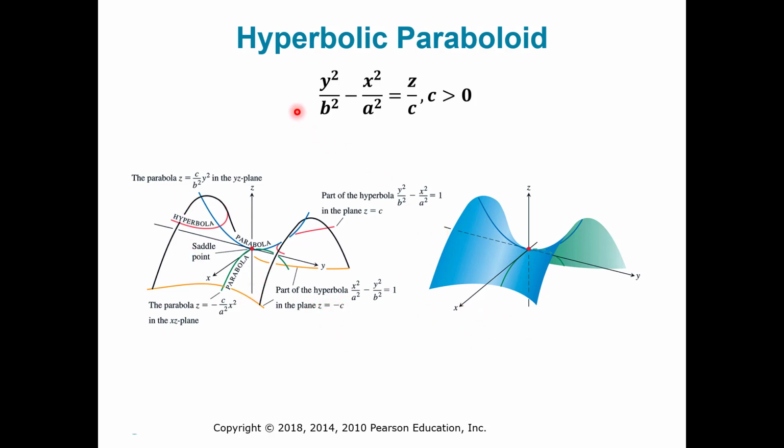So just so you're aware, in general, this is just one version of this equation, but you can change around the variables and still get this overall shape. So what I'm saying is you can say something like x squared minus z squared equals y. It's still a hyperbolic paraboloid. It's just going to be oriented differently.